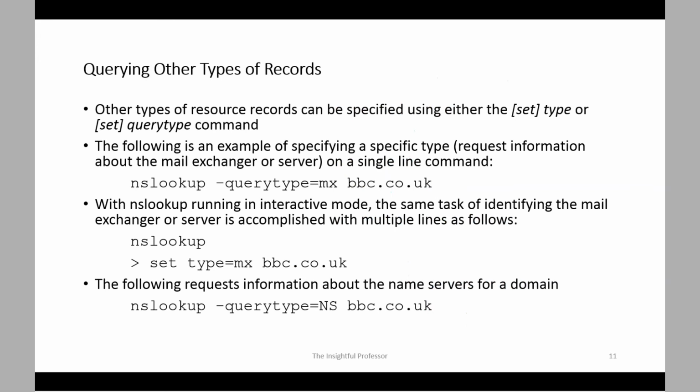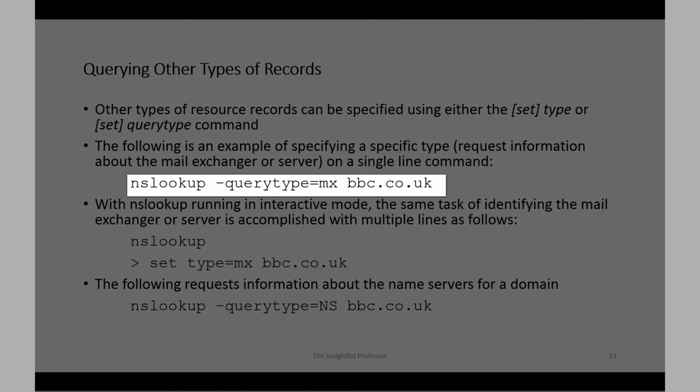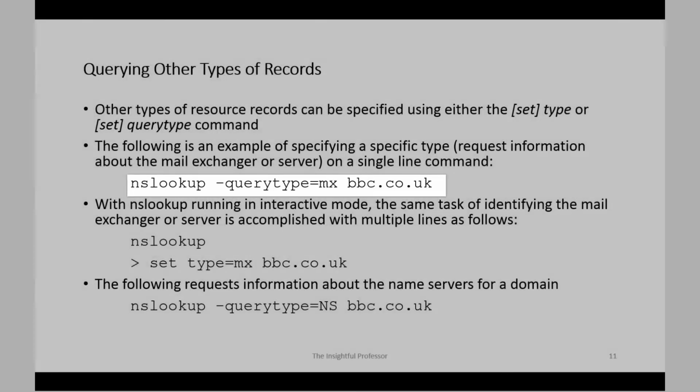We've indicated that DNS has a variety of resource records. To request one of these other types of resource records, we can use type or query type. In our first example, we specify a specific type of mail server, MX, by starting nslookup in non-interactive mode and providing query type equals MX, followed by the name of the domain we'd like to look up.